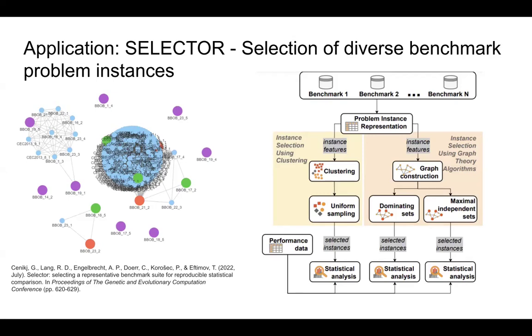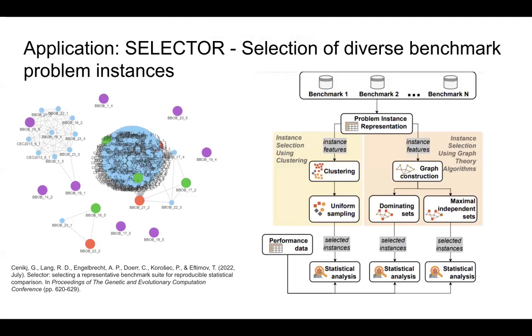So what happens, for example, here you have a visualization of the problems that we are typically using in single objective optimization. And if you represent these problems using these problem landscape features, you can get the vector representation, and then if you compare how similar these problems are to one another, we can use these problem features to analyze our benchmarks and figure out if they are biased to a certain type of data.